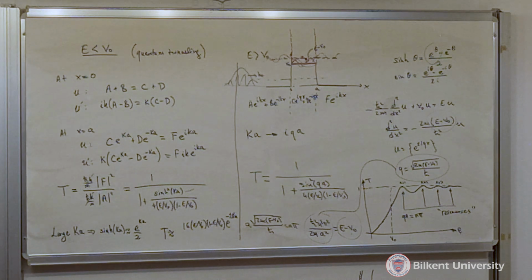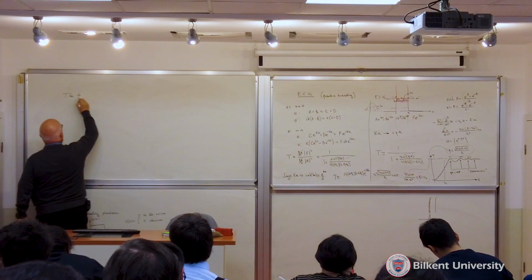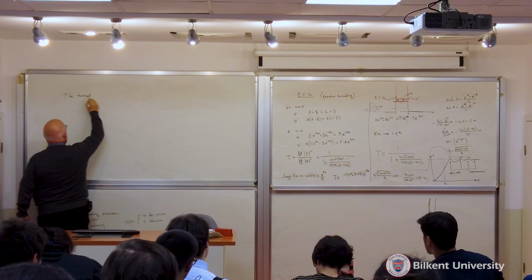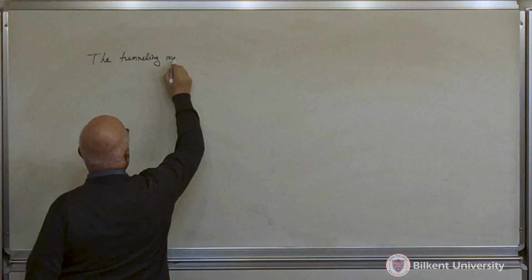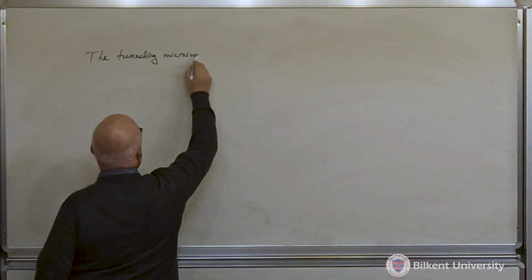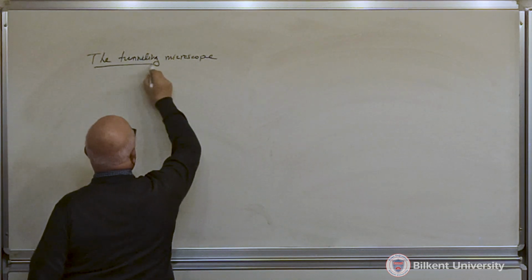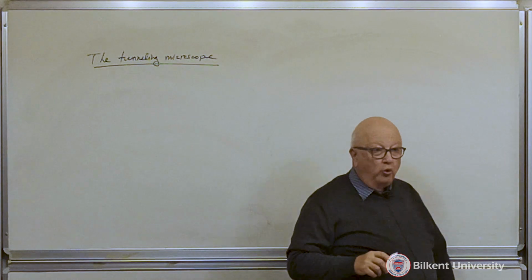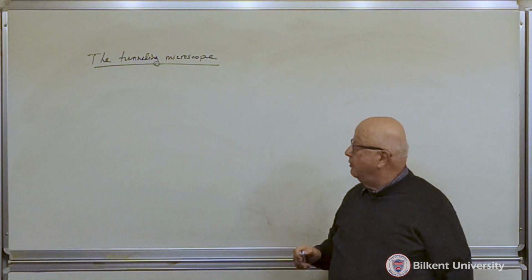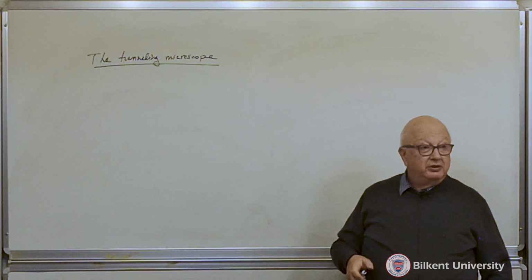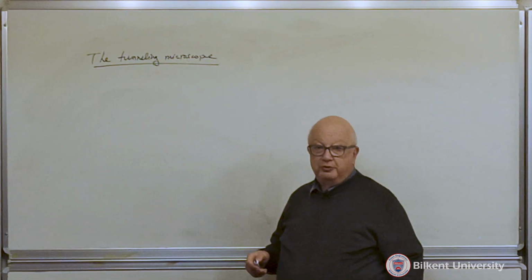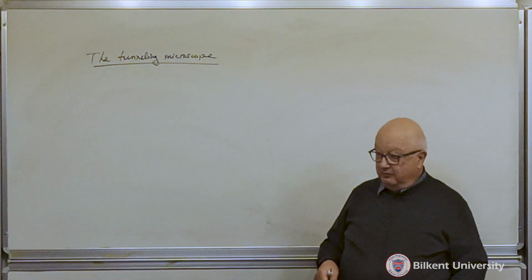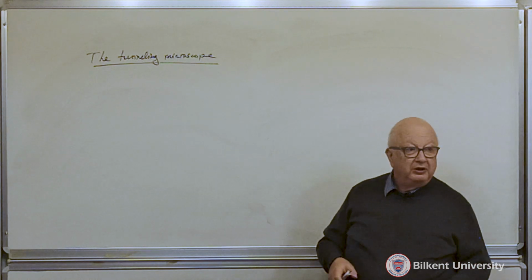One very important consequence is known as the tunneling microscope. This is also important locally because one of the very earliest tunneling microscopes was actually built in this department, in the Bilkent physics department.